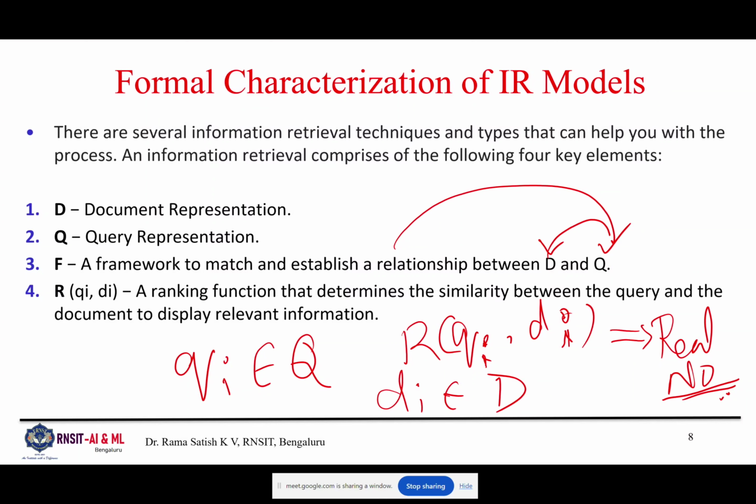The ranking function defines an ordering among the documents with regard to the query, and it will return some number. Based on that number, you decide whether the relevant content is present in the document or not. This is what information retrieval is all about.